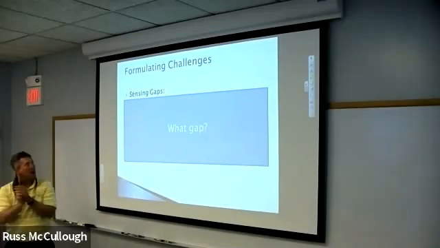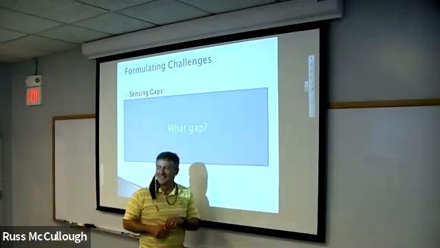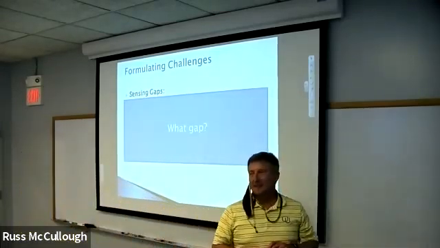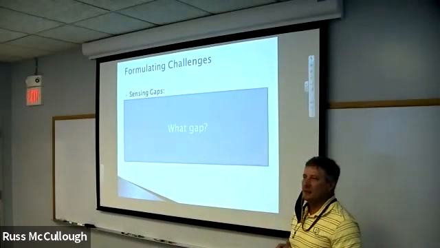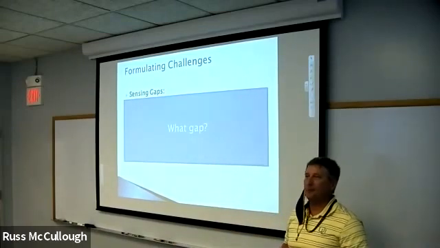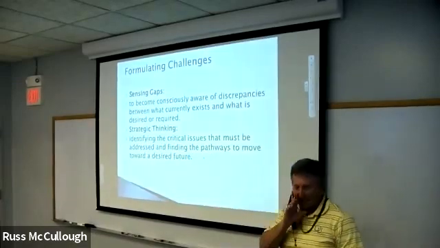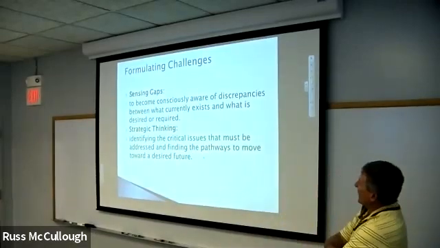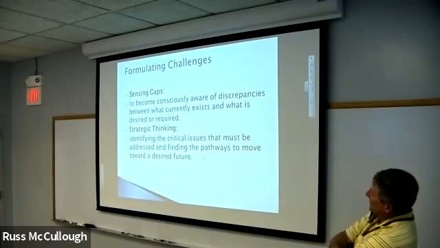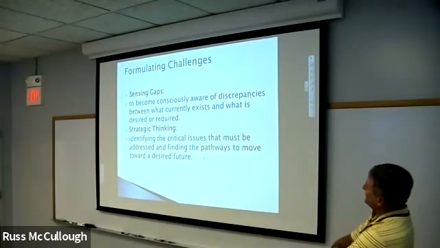So anyway, Brock's gap. Isn't it just something that prevents you from where you are now and where you're wanting to go? Yeah, yep. So that distance, right? So how can we come about sensing them is what we want to do. We're going to employ some strategic thinking.